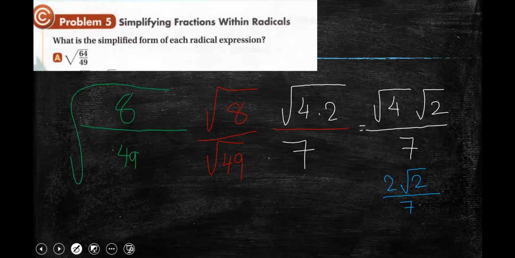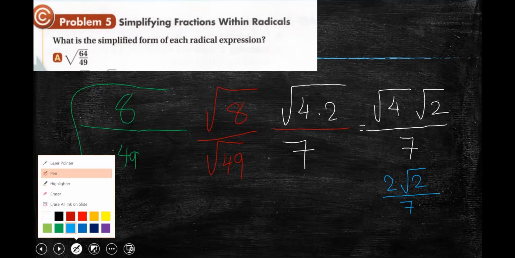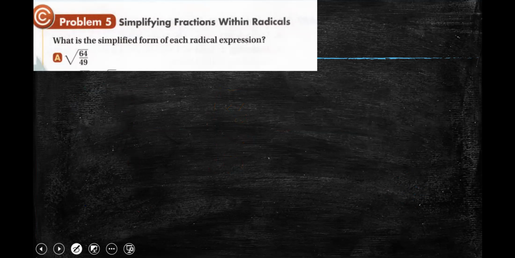This is now the second case. Now look at the third case. In the third case, like if you have 32 over 200, and I want to find the square root of 32 over 200.